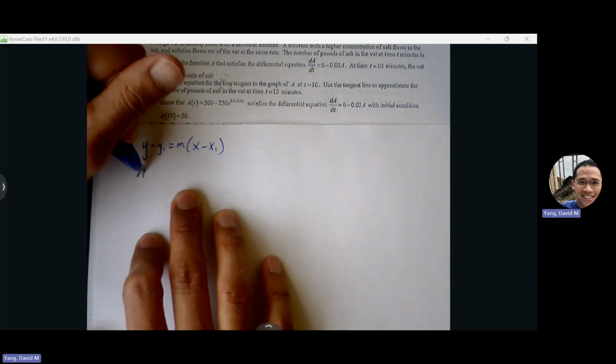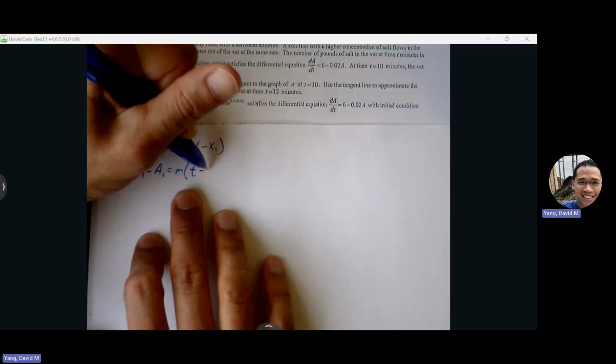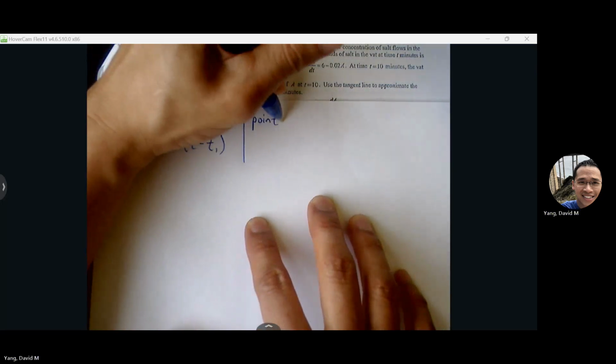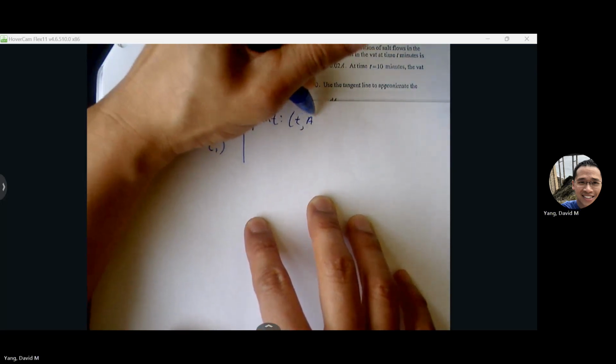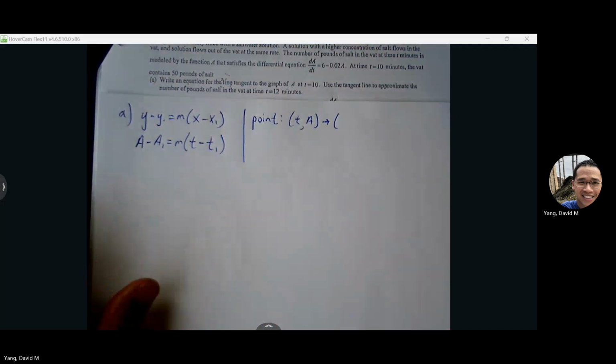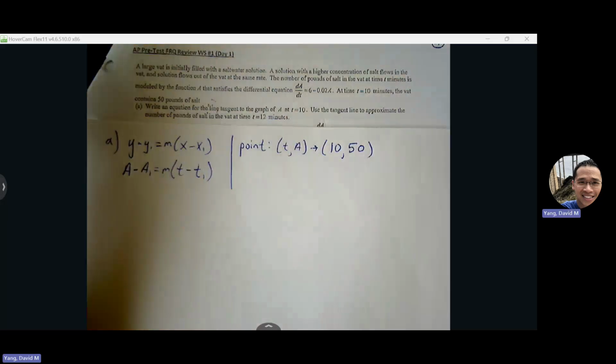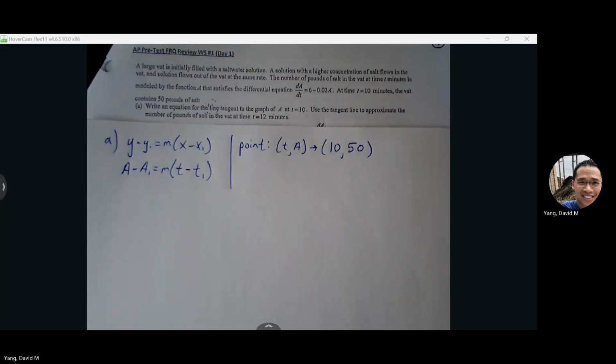We can say A minus A sub 1 is equal to m times t minus t sub 1. Okay, so let's find our ordered pair. Ten minutes, 50 pounds of salt. Slope.